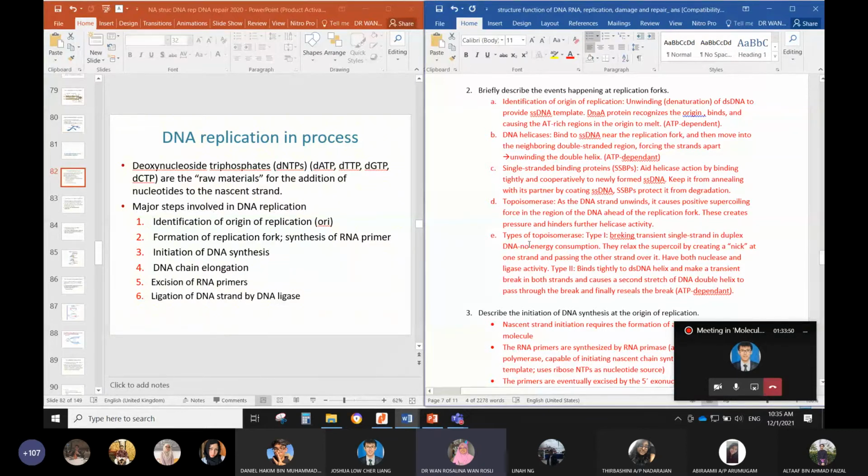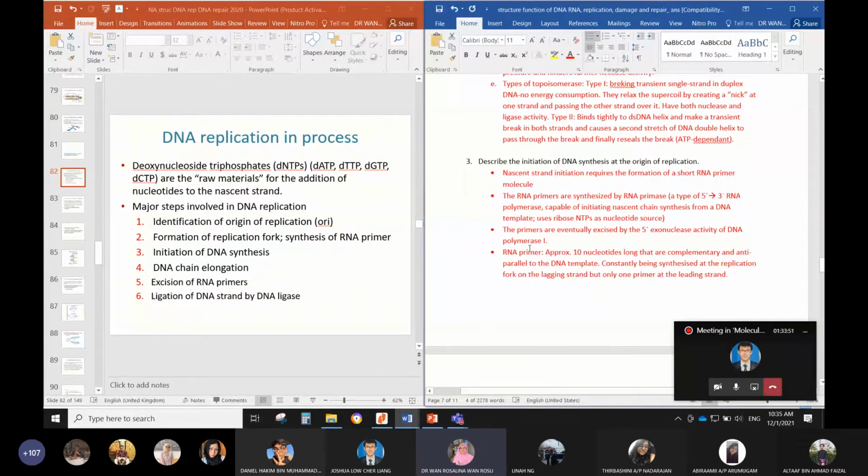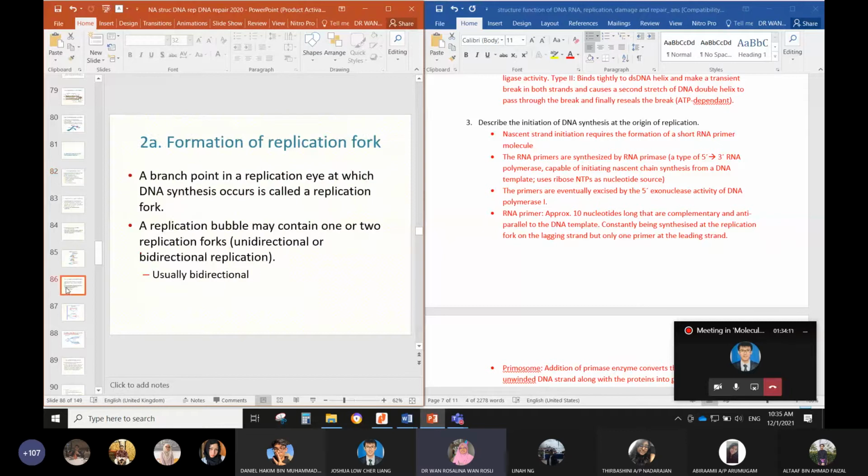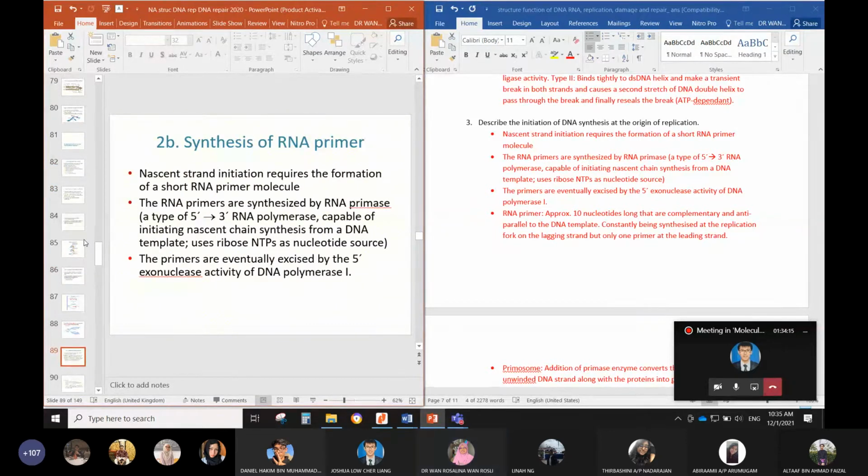So this is the answer. This would be the major steps involved in DNA replication, but it focuses on the start of the process.